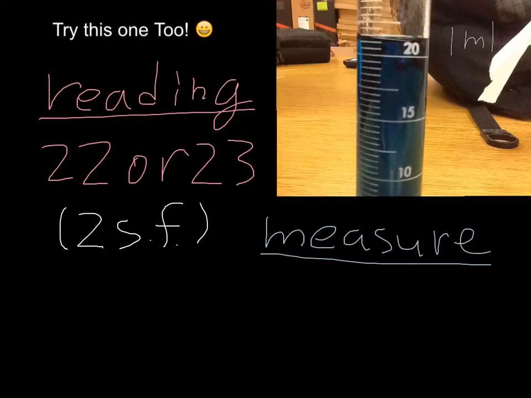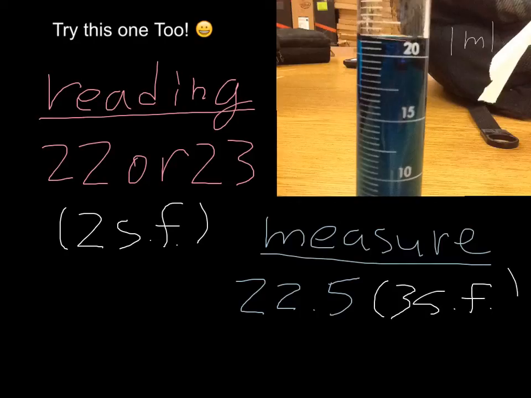It looks like it's exactly halfway between 22 and 23. So for my measurement, I put down 22.5, which again has 3 significant figures, one more sig fig than the actual reading. And as long as for this value you had 3 significant figures where the number was something between 22 and 23, then you are A-OK.